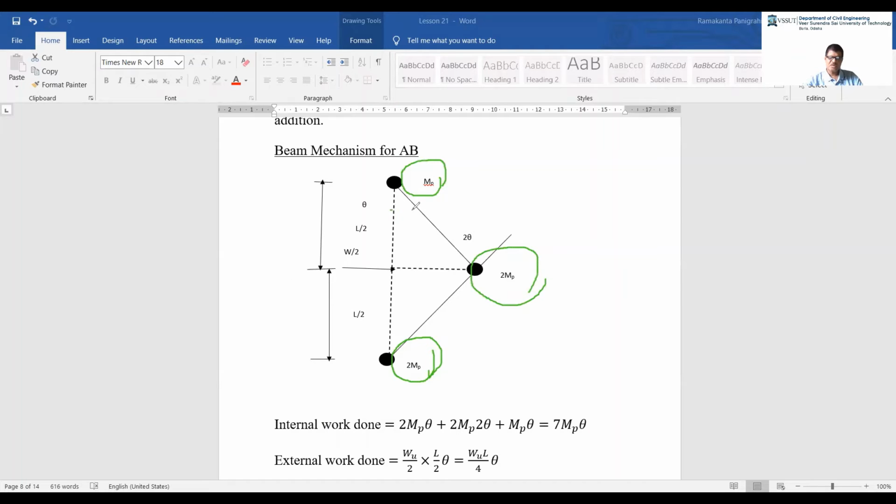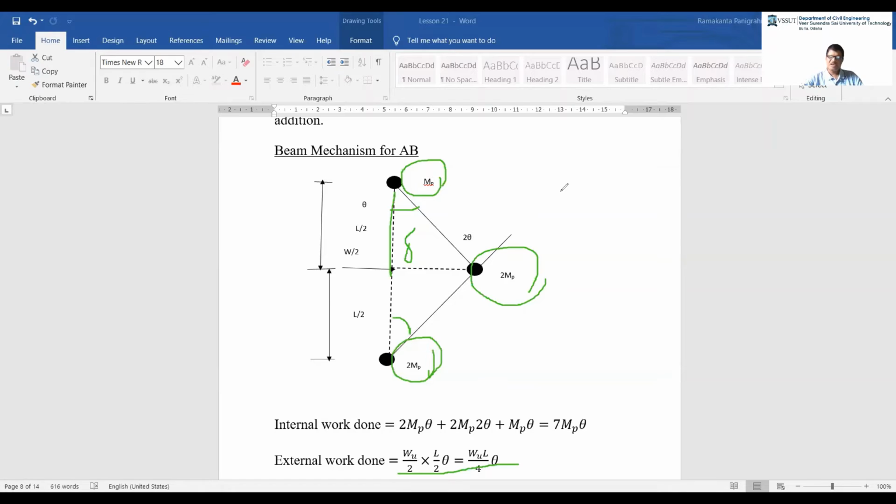At that center, this will be theta, theta. You can take this as delta. Delta is equal to L by 2 into theta. What is the work done? W by 2 delta. Delta is equal to L by 2 into theta. So this is W by 2 into L by 2 into theta. When the collapse occurs, W is represented as Wu.